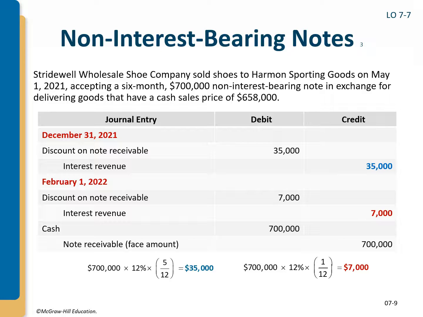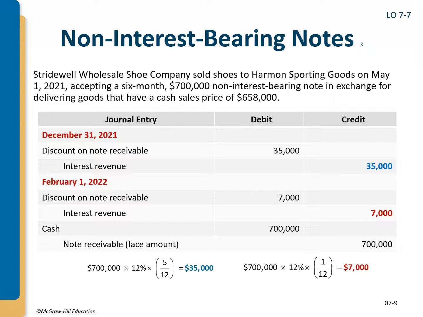So you don't wait to debit that discount on note receivable contra account. You need to transfer part of the interest in that account into interest revenue by the end of the first year because it's been earned. The remaining balance will be transferred to interest revenue, as you can see on the February 1st journal entry, and then we'll debit cash and credit note receivable for the receipt of the $700,000.